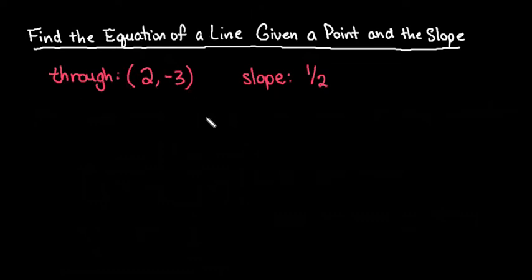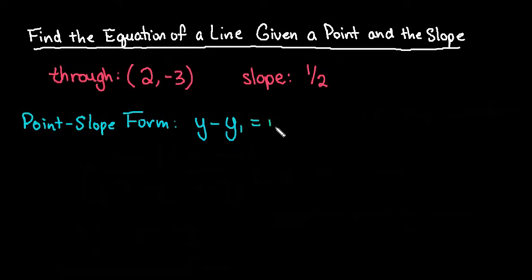The starting point for this one is, because we're given a point and a slope, it makes the most sense to start with the point-slope form of a line. It's named the point-slope form because you use this anytime you know the slope and a point.